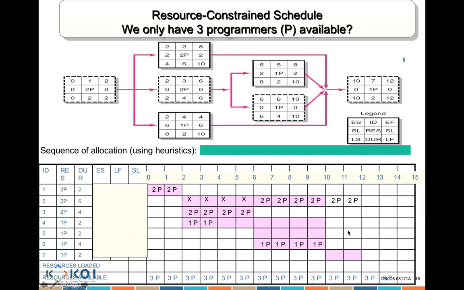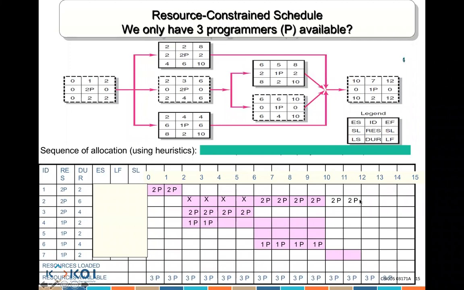Now let me ask you a question. If this was 2 people instead of 1, when can I start 6? Day 12. You will start it in day 12 because you won't have enough resources to start it in day 10. So we know we need 1 person only.